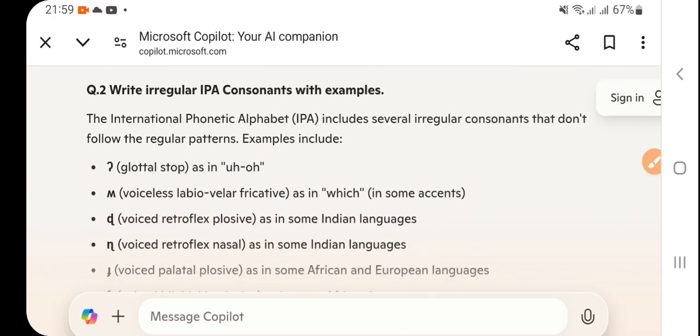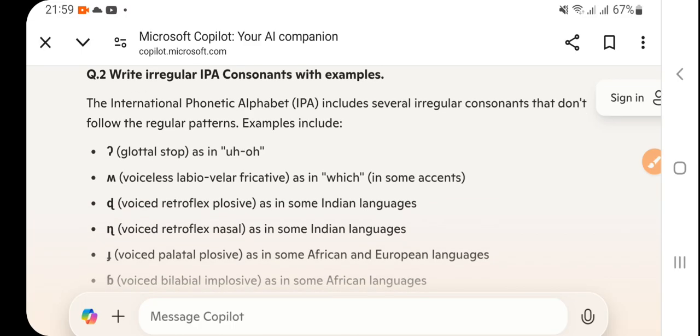Now the next question: write irregular IPA consonants with examples. There are regular consonants, and irregular IPA consonants. The International Phonetic Alphabet symbols are called IPA symbols.